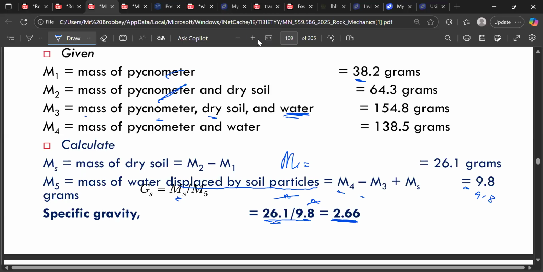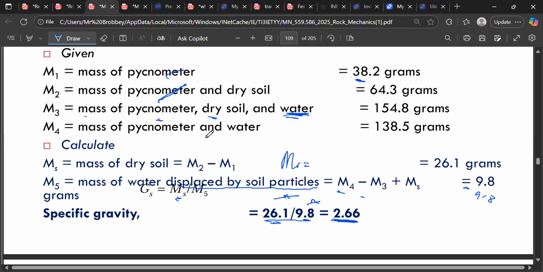It is rather the M4 and the M3 whereby you are going to get only the mass of the dry soil, because definitely the mass of the pycnometer is going to cancel, so that you get only the mass of the dry soil. But if you are trying to say M4 minus M3, I don't get it, unless you come back again and explain to me.